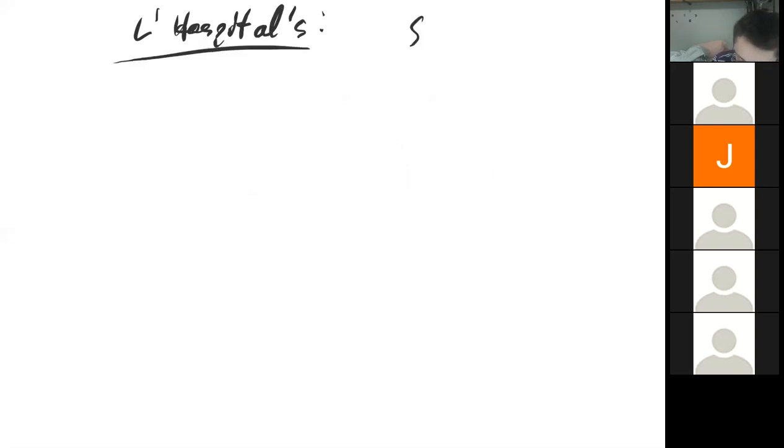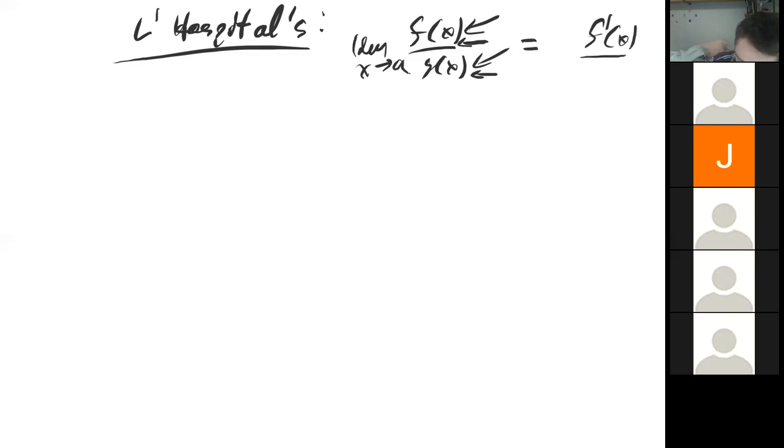The idea is if you have f of x over g of x and you're taking a limit as x goes to a, then if both the numerator and the denominator go to plus or minus infinity, meaning this could go to plus infinity and this could go to minus infinity, or both could go to plus infinity, or both could go to minus infinity, or both go to 0, then you're allowed to take the derivative of both the numerator and the denominator, and compute the limit of this instead.